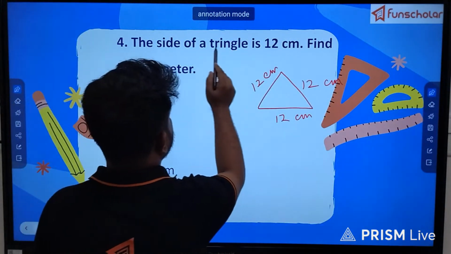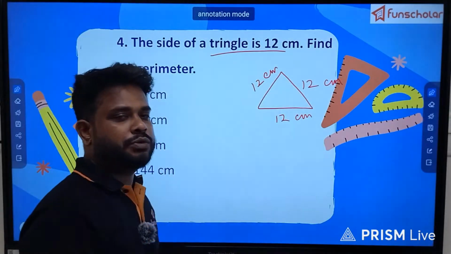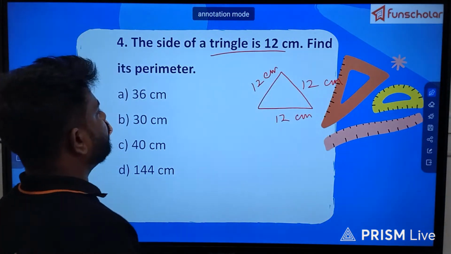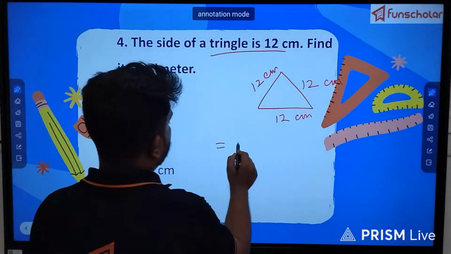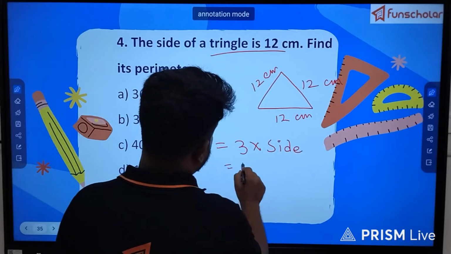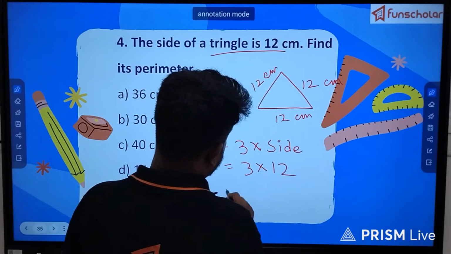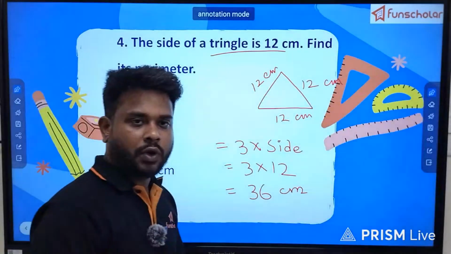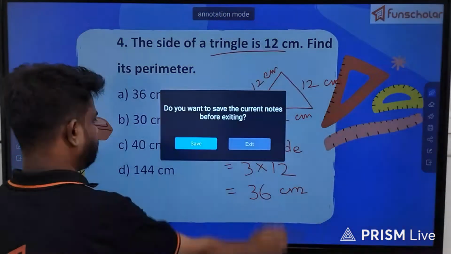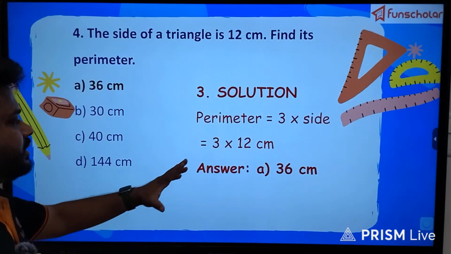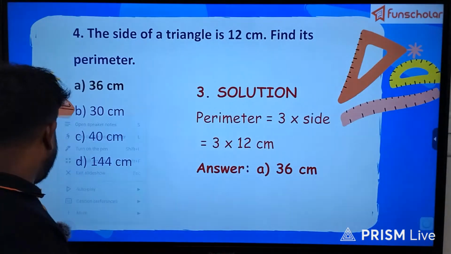So all the sides will be 12 centimeter as well, because this one is an equilateral triangle. So we have to find the perimeter. The formula will be 3 into side. So it will be 3 into 12, that is 36 centimeter. Okay. Yes, they have just done it like this. Okay.